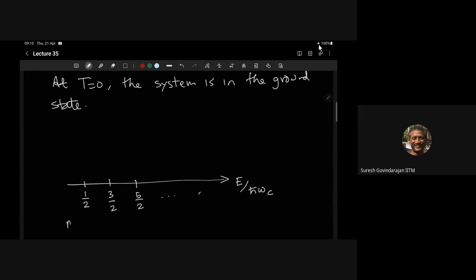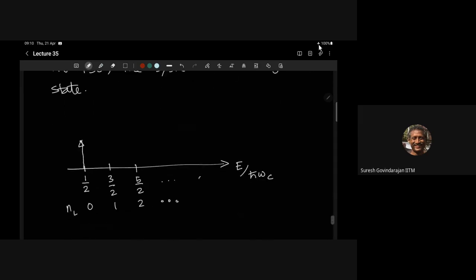The n_L values for these will be Landau level 0, 1, 2. And the degeneracy is a Dirac delta function, if you wish, if this is the degeneracy G for each of these levels.